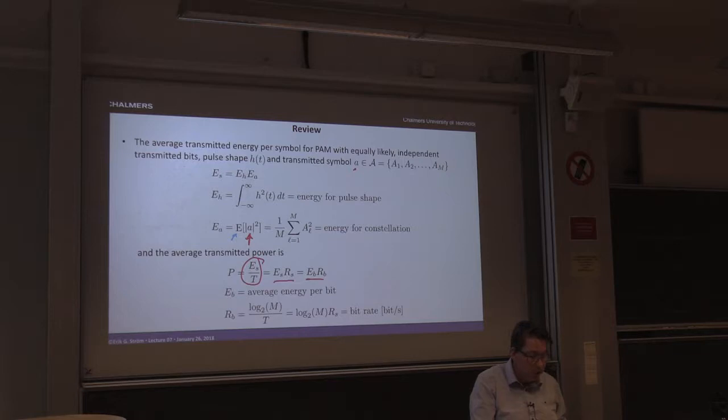And the energy per bit is the energy per symbol divided by the number of bits per symbol, which is log 2 of M. Combining these two equations, we multiply them together, we see that the log 2 of M cancels, and we're back to ES times RS.